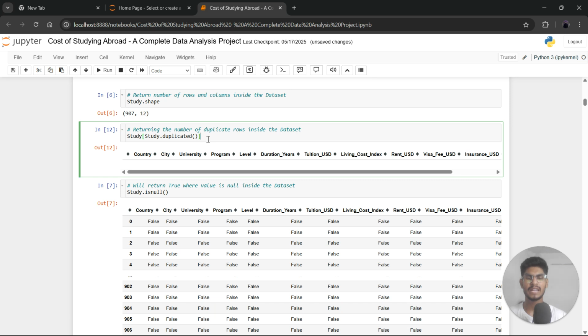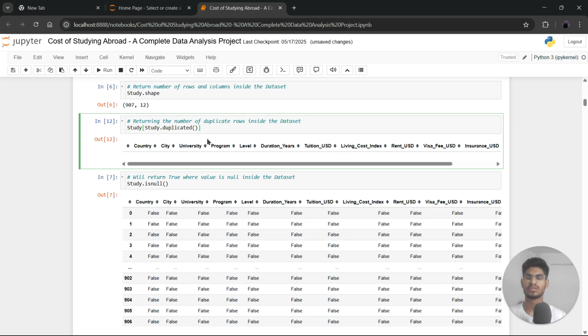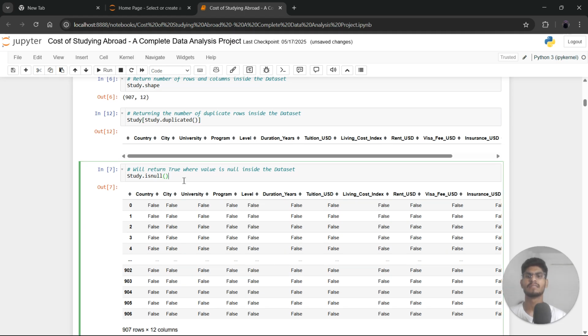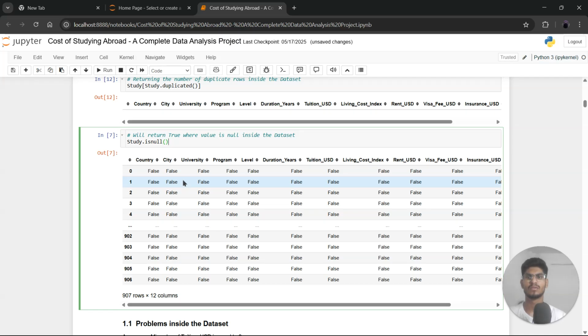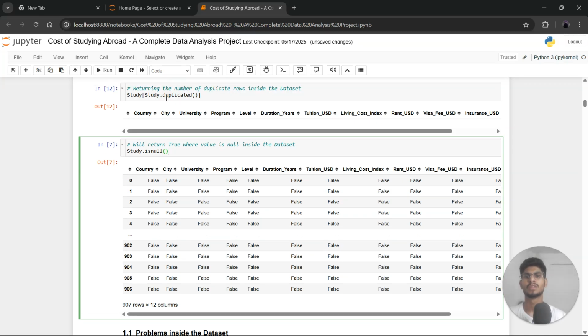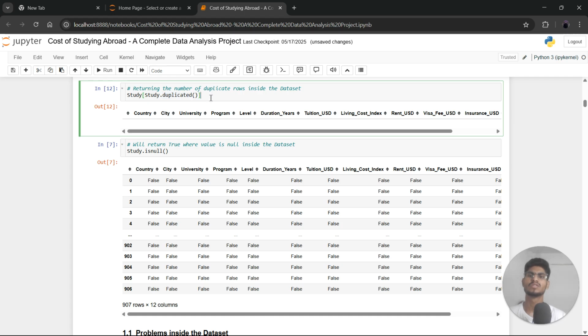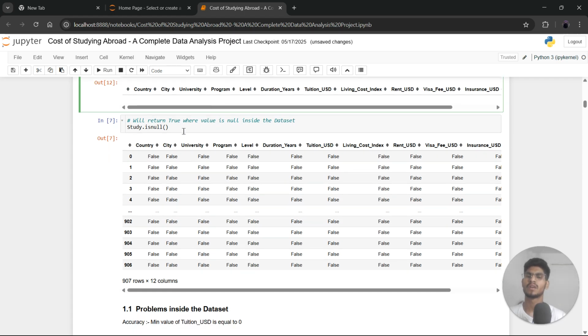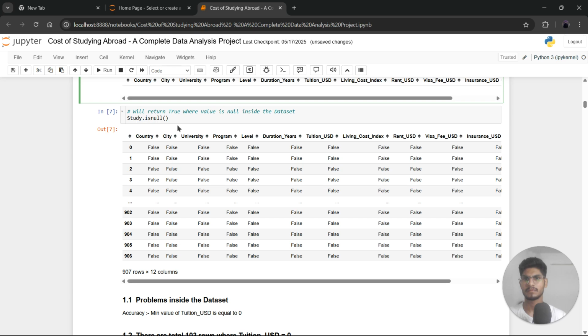If duplicated rows were there, we could have used drop duplicates to remove all those rows, because they would give unfair results on our data set. That's why we always drop the duplicate values from the data set.